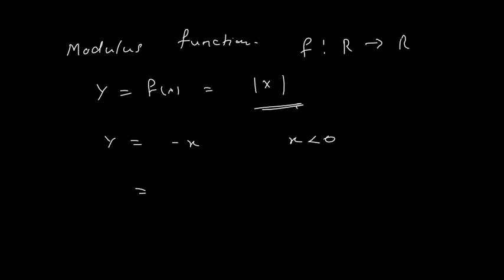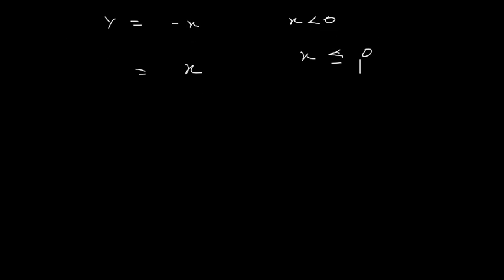Similarly, y is equal to x for x greater than or equal to 0. So when the value of x is some positive value, the value of y is also a positive value. When the value of x is less than 0, the value of y is minus of that value. So negative and negative will become positive.